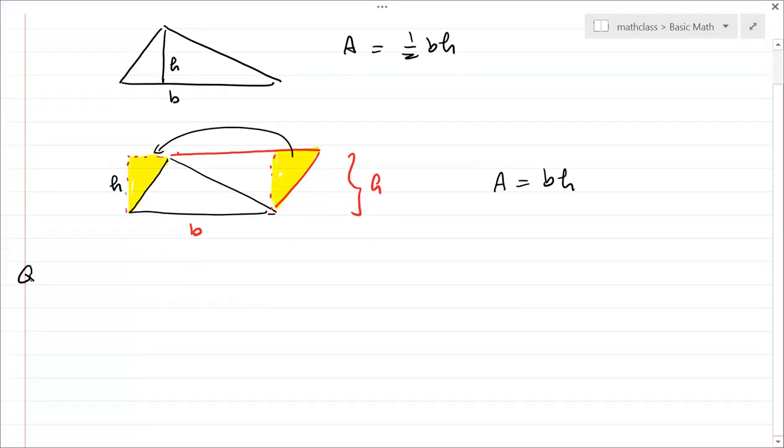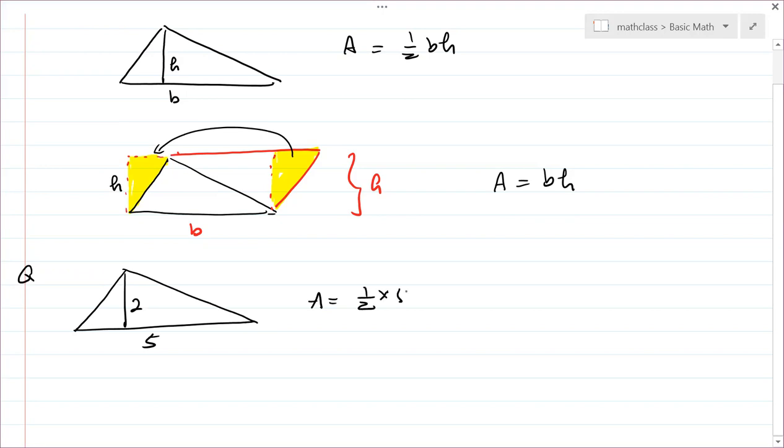Of course, the simplest use of the formula for the area of a triangle is if the base is 5 and the height is 2 units, then the area is just half base times height, which is 5 square units. Okay, and this can be taught.